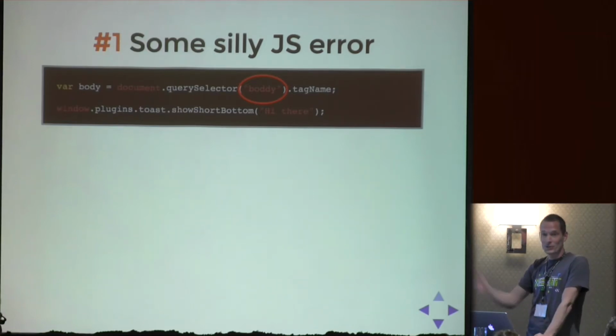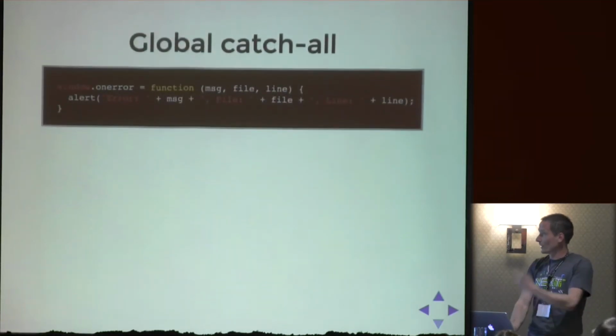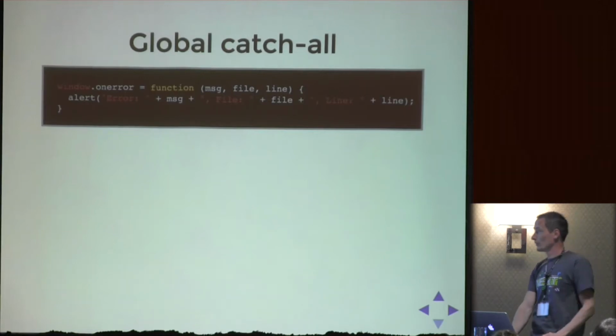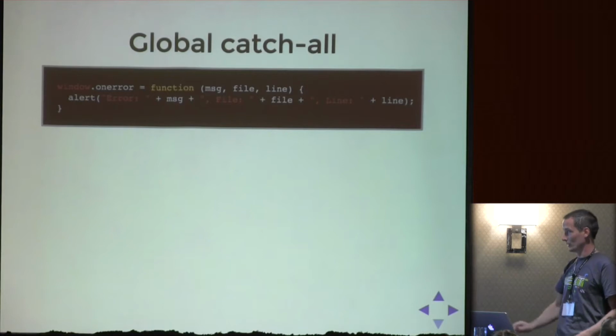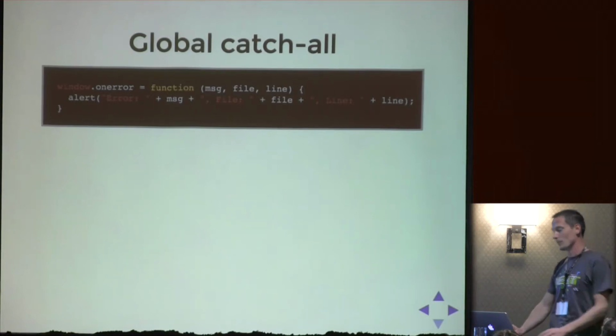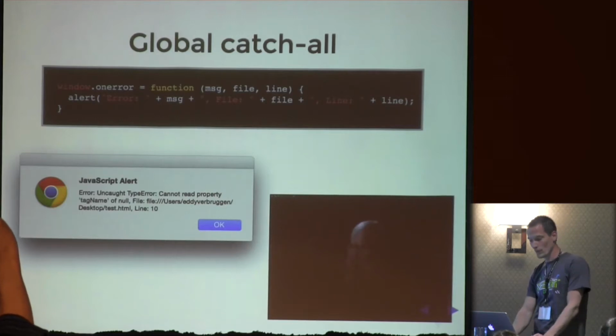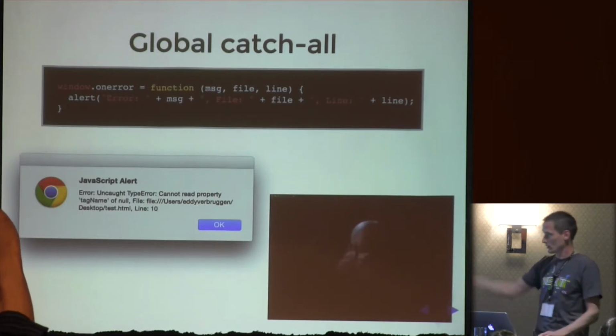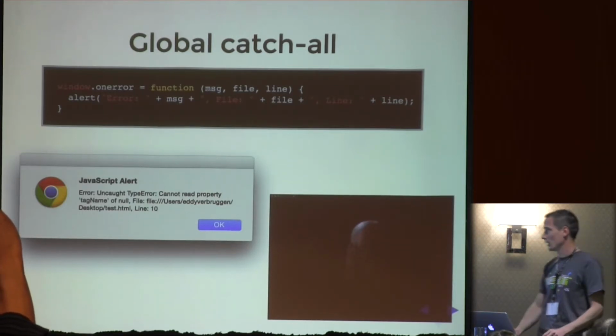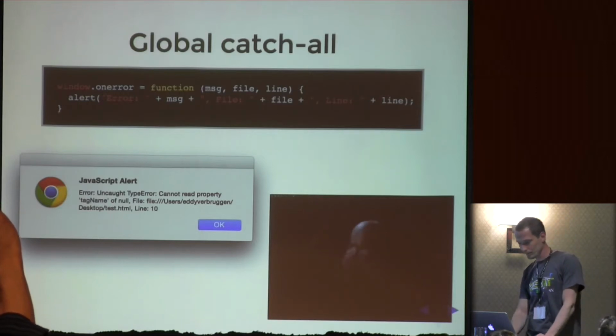And you can't expect your JavaScript to work after it encountered that error. So, top tip, I always add this global catch-all thing in all of my projects, which will catch any JavaScript error and it will alert it for you. And if you have that installed, it will pop up the file and the line number where the error is.